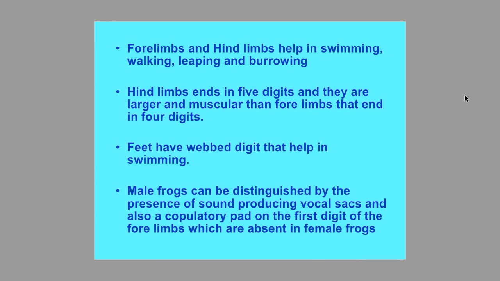Hind limbs end in 5 digits and they are larger and more muscular than forelimbs that end in 4 digits. Feet have webbed digits that help in swimming. Male frogs can be distinguished by the presence of a sound producing vocal sac and also a copulatory pad on the first digit of the forelimb, which are absent in female frog.